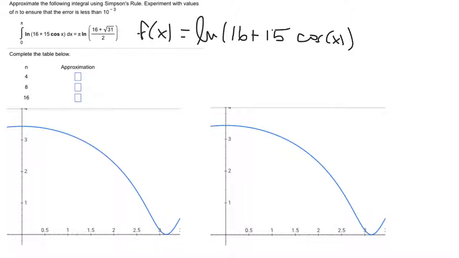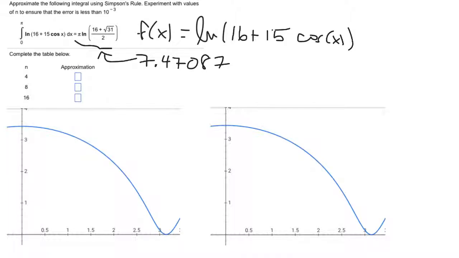They tell us the exact answer is pi times log of whatever it is, so let's keep track of that. I wrote these things down for my calculator, so I'm trying to copy correctly.